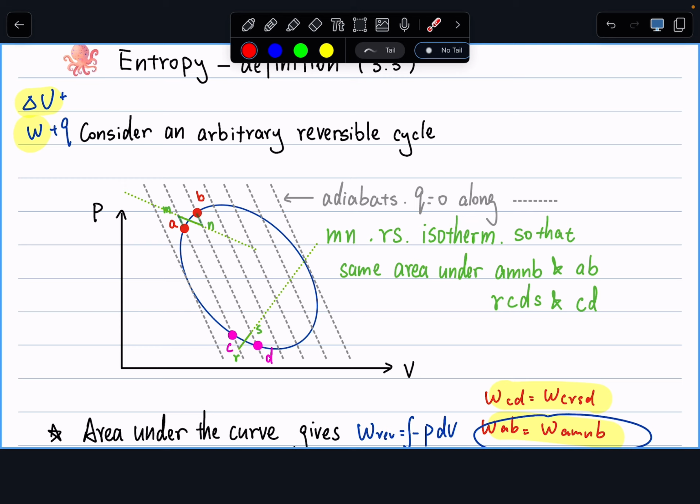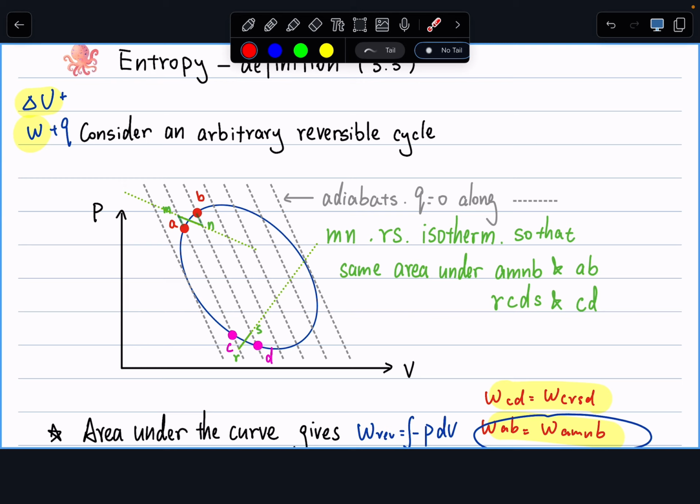So what we're doing is, on this cycle, we want to find 2 points that fulfill 3 conditions. The first condition is these 2 points, R and S, are on my adiabats. At the same time, R and S are also on my isotherms. And then these numbers were set to be the same.